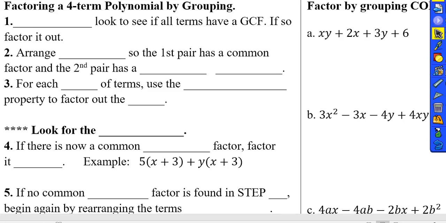Step 1, always, fill in the blanks. Always look to see if all terms have a GCF. If so, factor it out. Always. Step 2, arrange the terms so the first pair has a common factor and the second pair has a common factor.